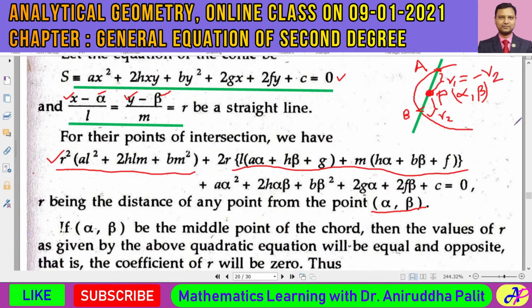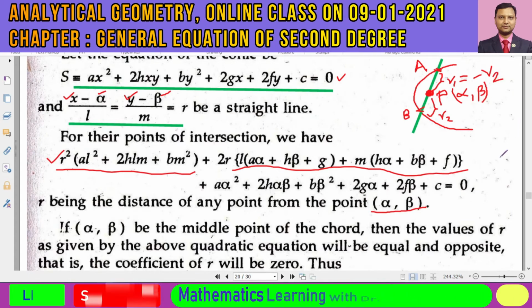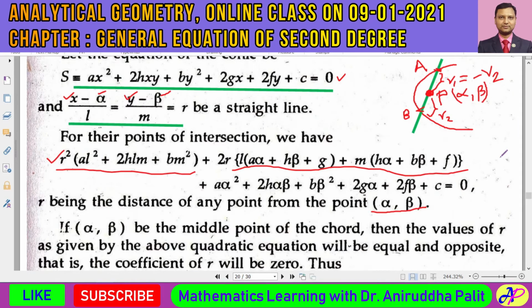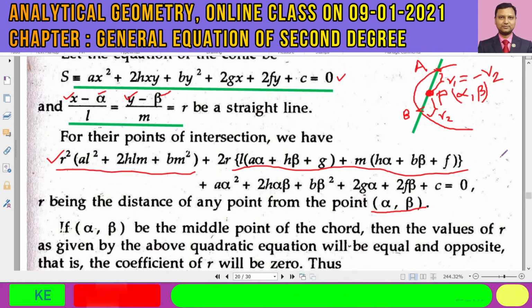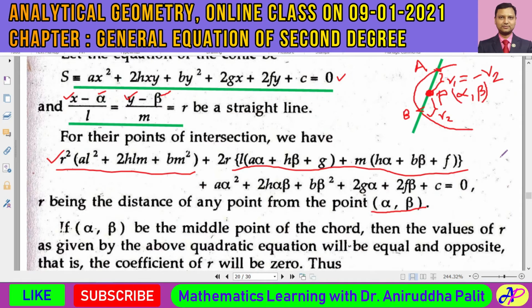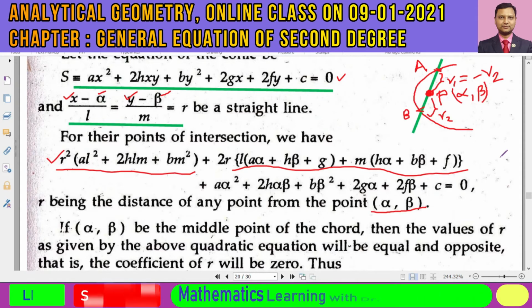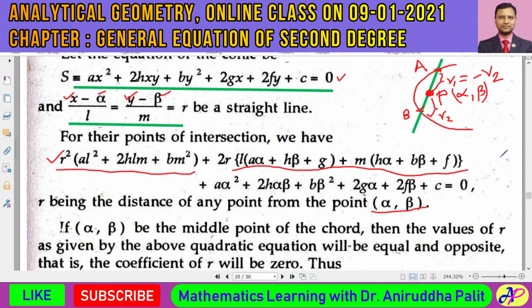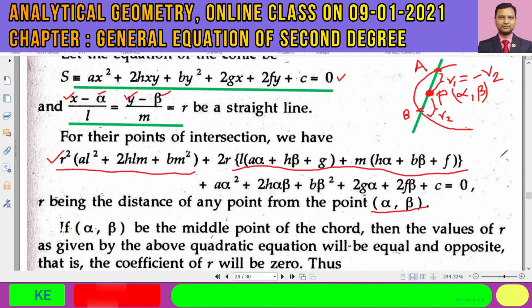Both will have the same magnitude, but opposite signs. If one is plus 5 units, the other should be minus 5 units. Then only P will be the middlemost point of the chord AB.